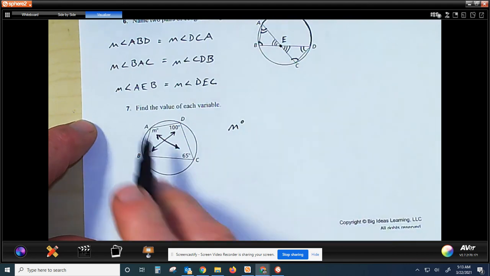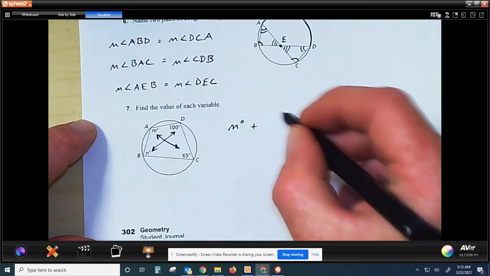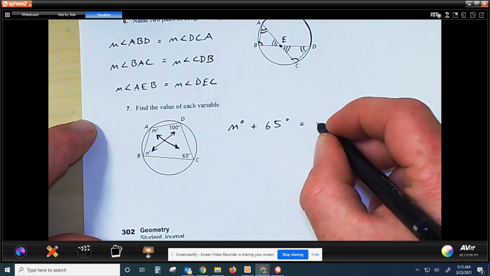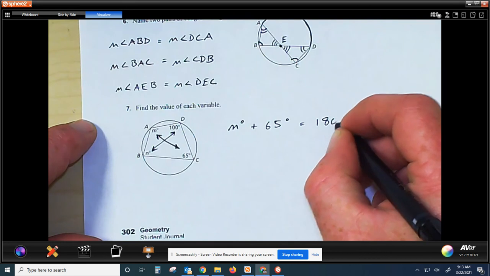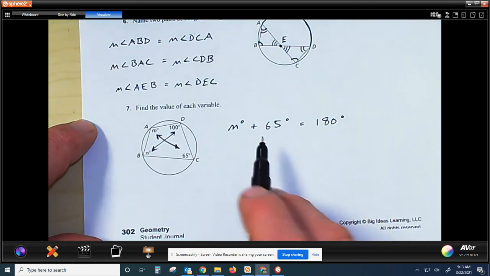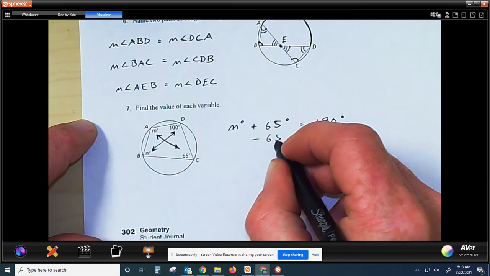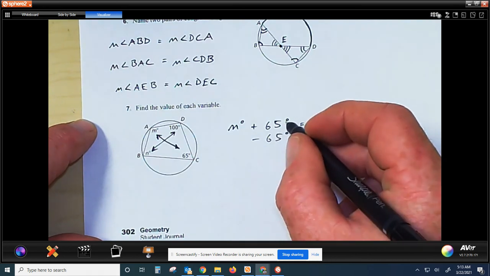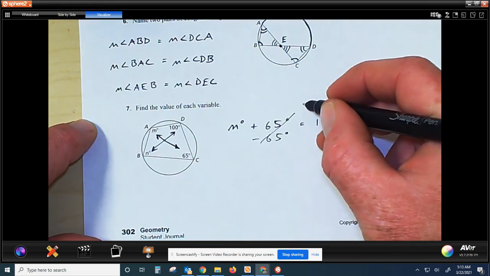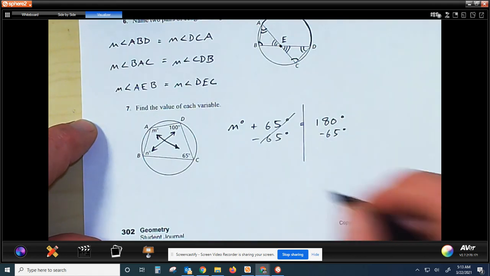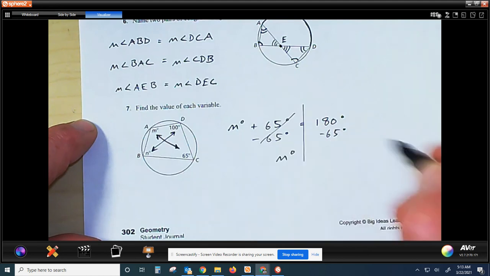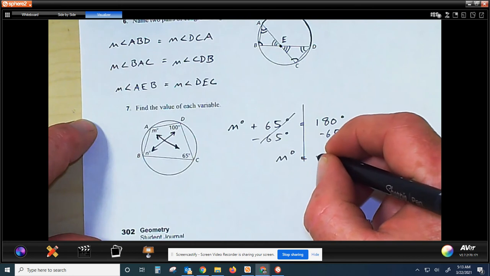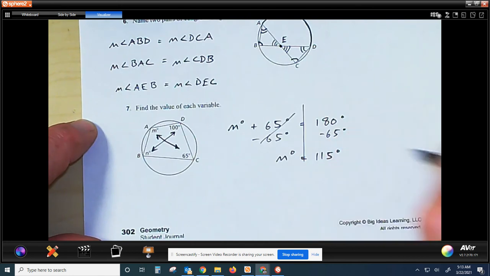M, in degrees, plus 65 degrees is supplementary, should be equal to 180 degrees. So if I wanted to do some algebra here, I would subtract 65 degrees from both sides. This would cancel. I'm going to bring this over, and M, the variable, is 115 degrees.